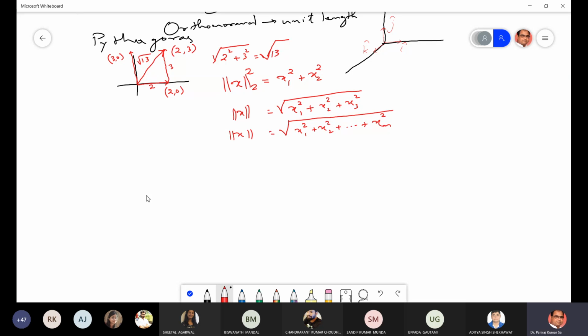Now, how are we calculating the length? That is the square root of the sum of all the squares. Can I write it in this way? x transpose x.